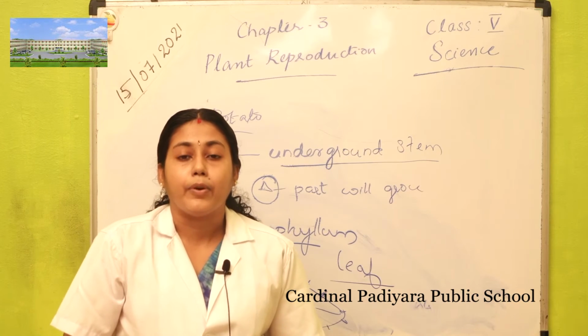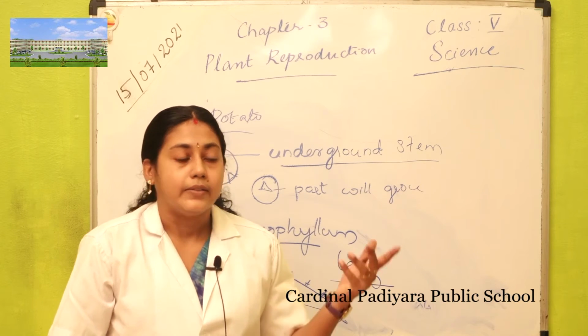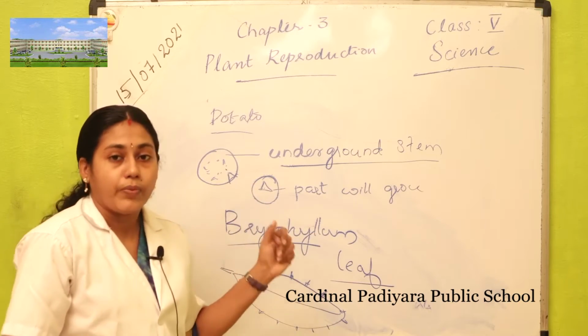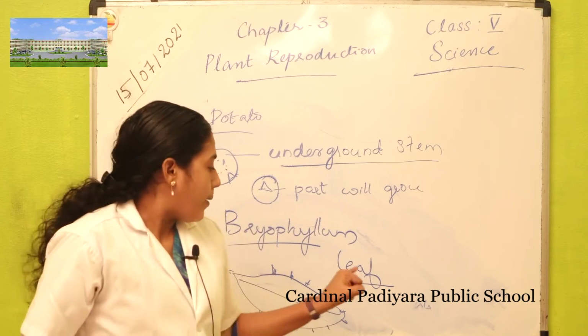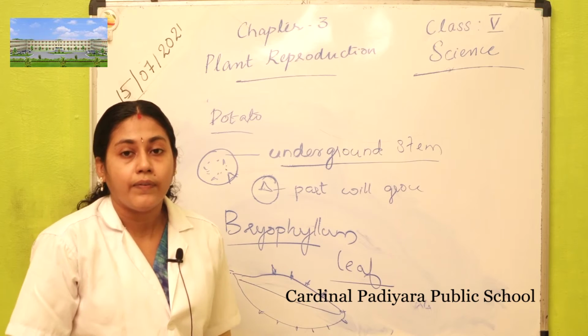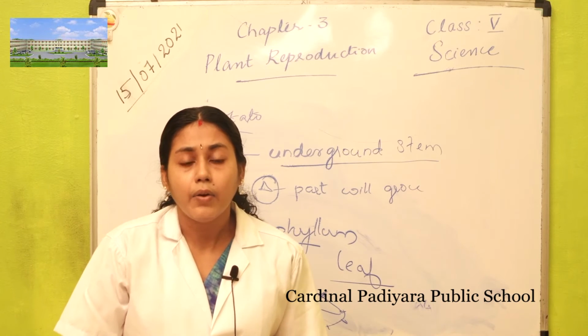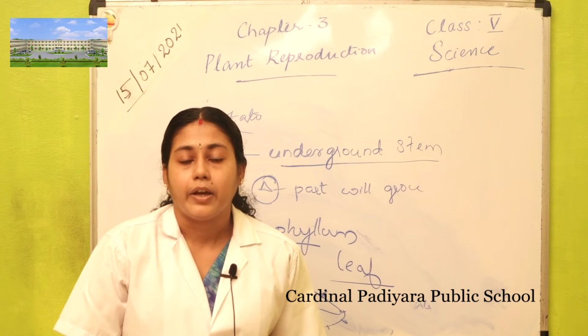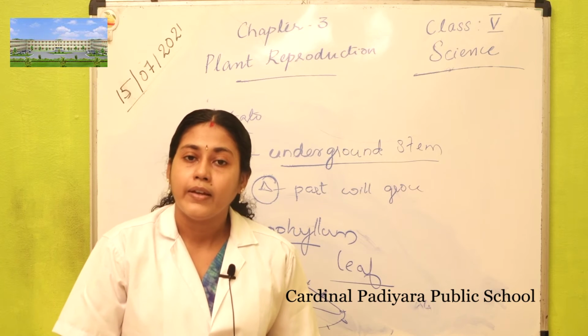Some plants reproduce by means of stem, some plants reproduce by means of underground stem, and some plants reproduce by means of leaf. And almost all other plants reproduce by means of seeds.